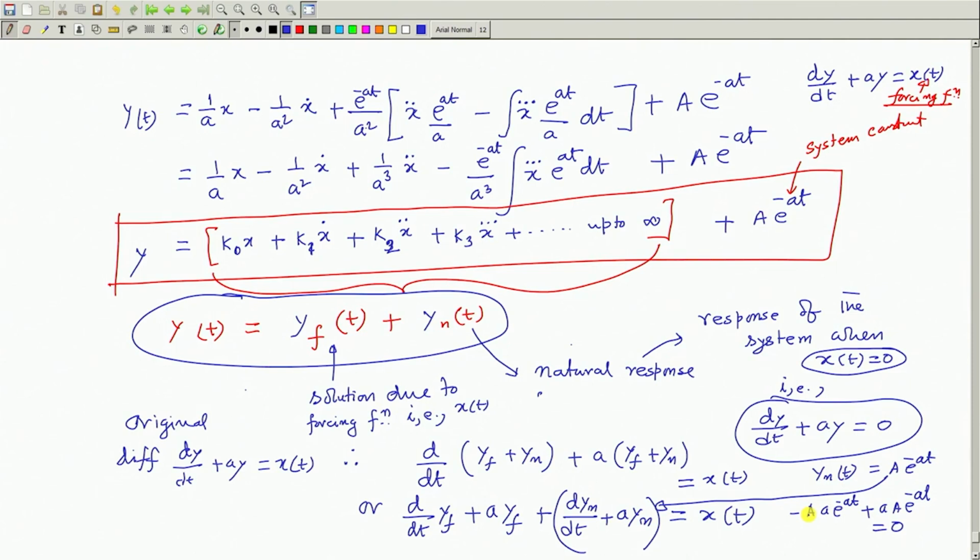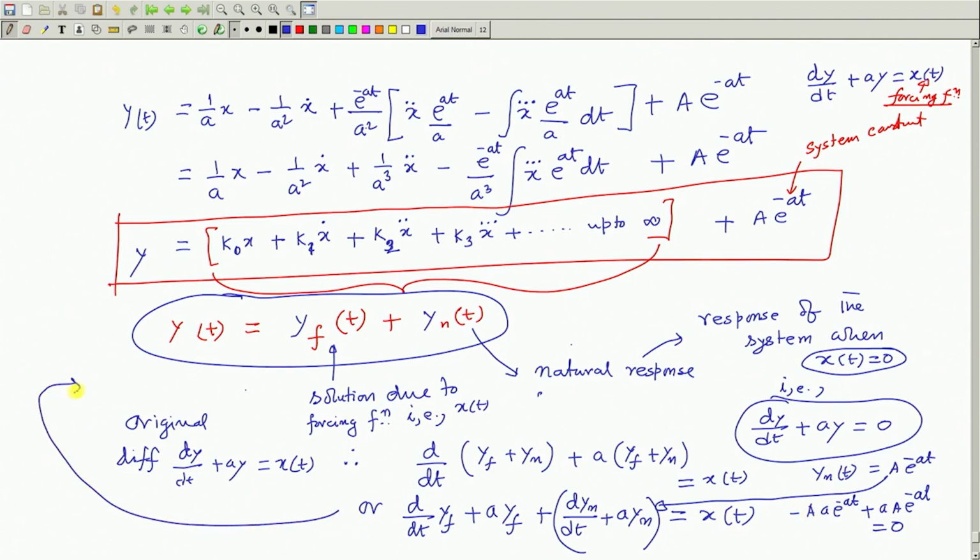Getting. Therefore, I am substituting the full solution. I find that the y n part will give rise to 0, and therefore, I will not go to the next page because this is so important a conclusion.